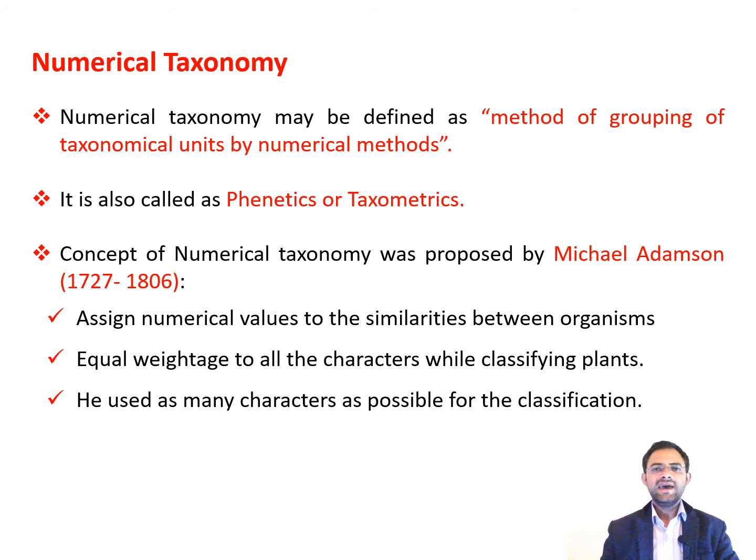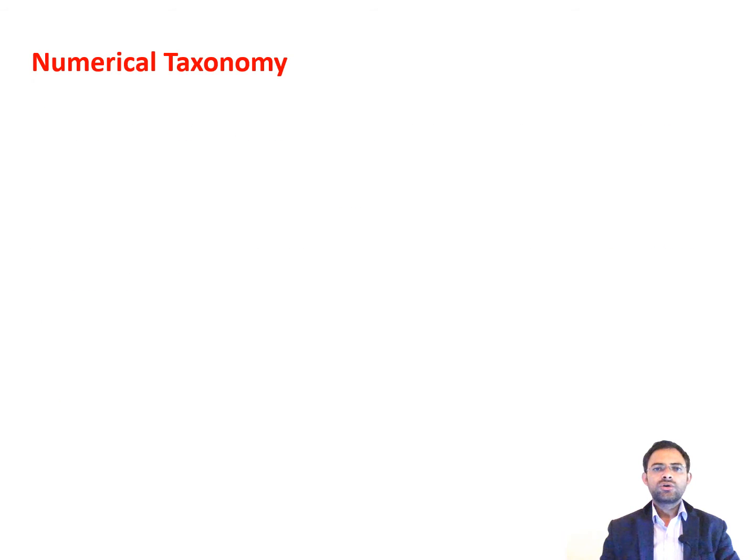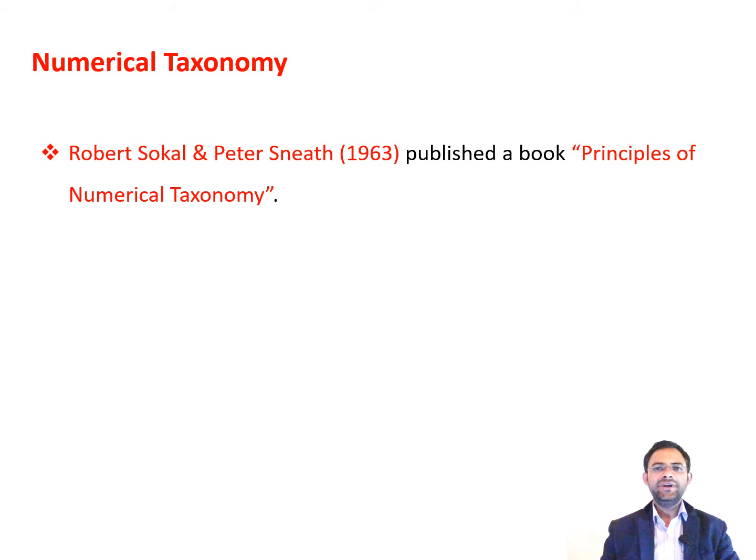He used as many characters as possible for the classifications, and these classifications came to be known as the Adansonian classifications. Later on, Robert Sokal and Peter Sneath in 1963 published a book named Principles of Numerical Taxonomy and attracted the scientific community toward numerical taxonomy.